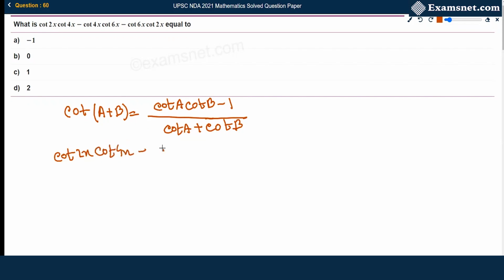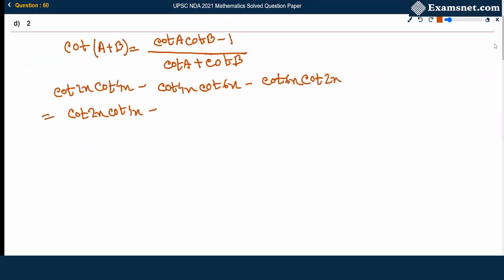cot 2x cot 4x minus cot 4x cot 6x minus cot 6x cot 2x. So here, from the last two terms I can take cot 6x common.